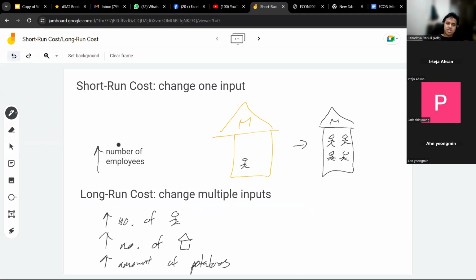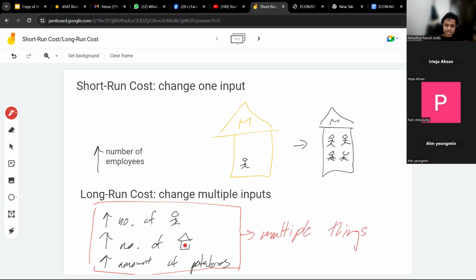So short run costs are just talking about one thing. For example, in this case, it could be the number of employees, or maybe you change the amount of flour used to make French fries, and you only keep it to one thing. That's also an example of short run costs. Long run costs are if you do multiple things all at once.